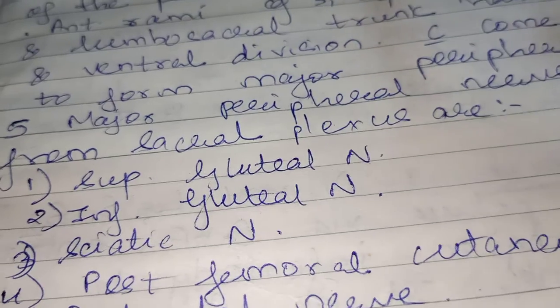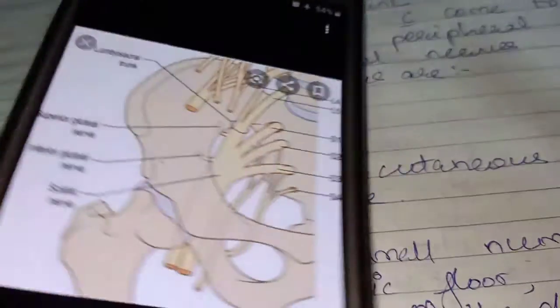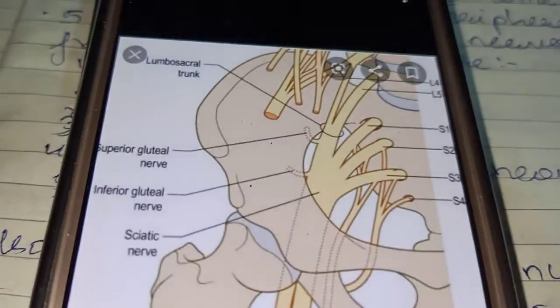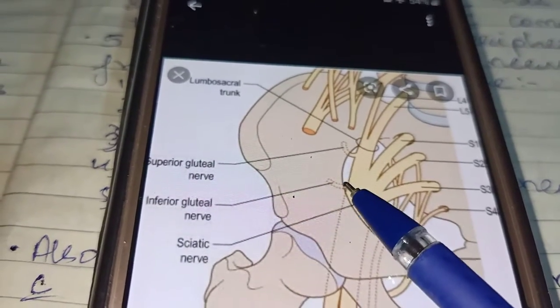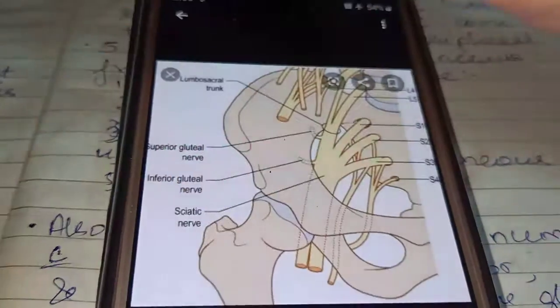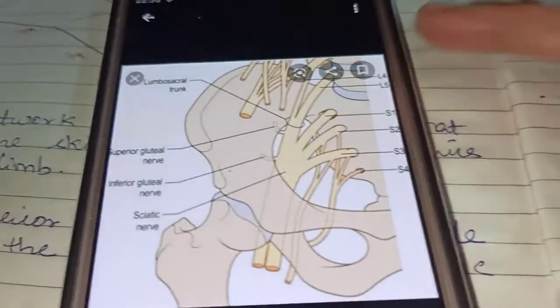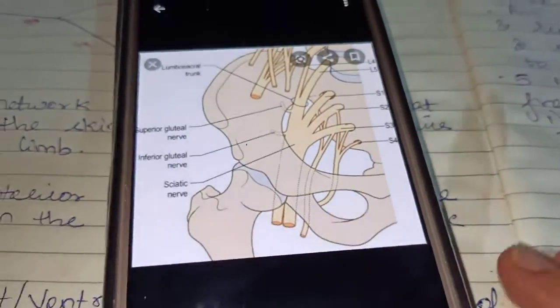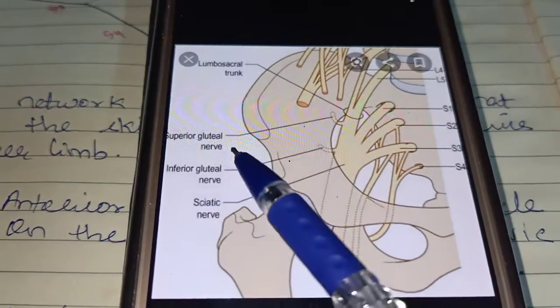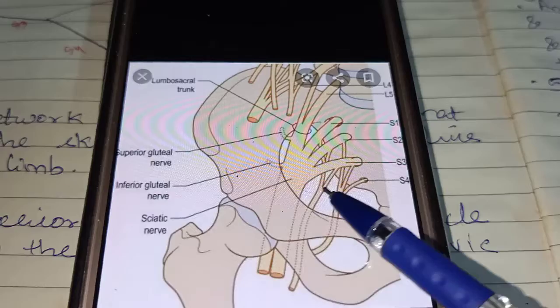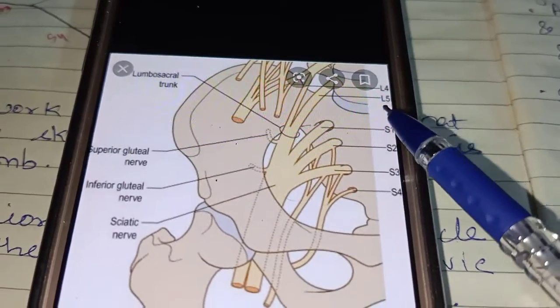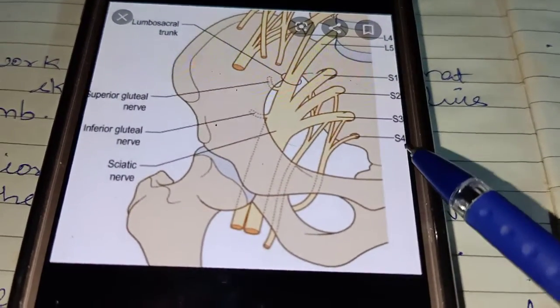Okay. So if you see one diagram here, one is the superior gluteal nerve, other is the inferior gluteal nerve. So these are the 2 major peripheral nerves. You can see here the lumbosacral plexus anterior to the piriformis from L4, L5, S1, S2, S3 and S4.